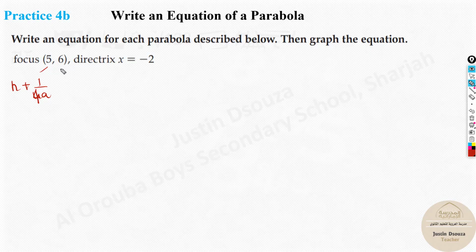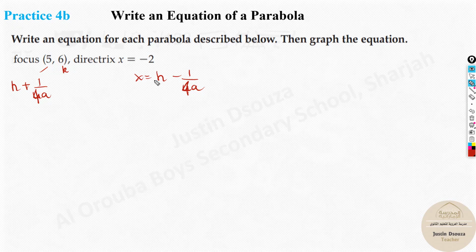The second part is k directly. And now we know the directrix is over here. But what is the formula for the directrix? If you remember, the formula is very easy to remember. It is x is equal to h minus 1 by 4a. Now with this, we can try finding out a, isn't it?